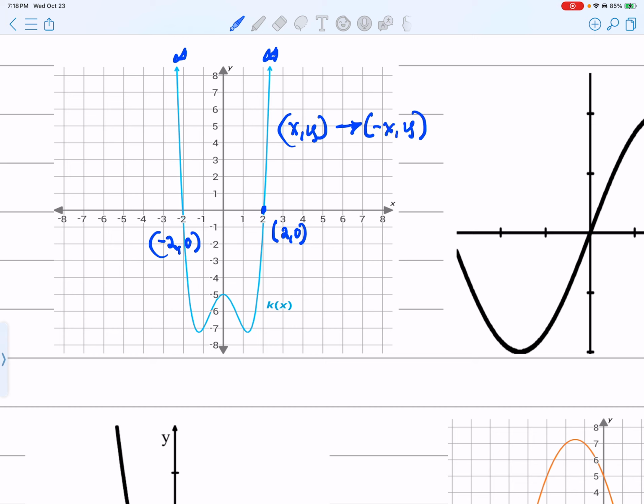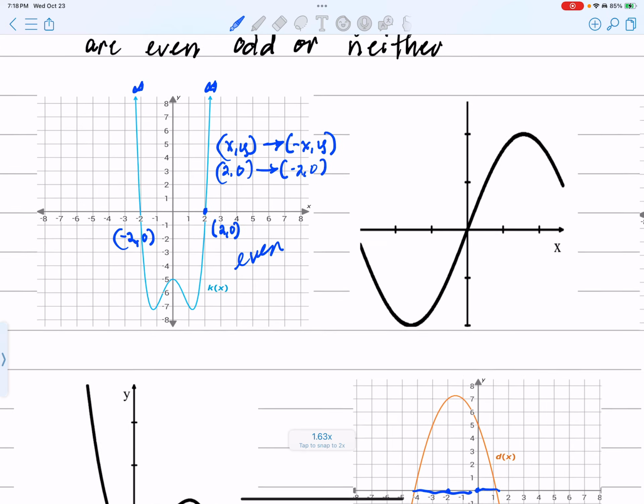So if my xy is 2, 0, the 2 should be negative 2, 0. And it answers the condition. So this is an even function.